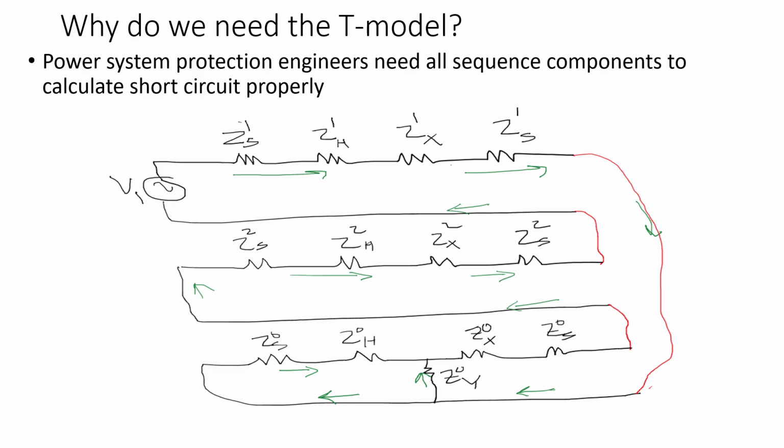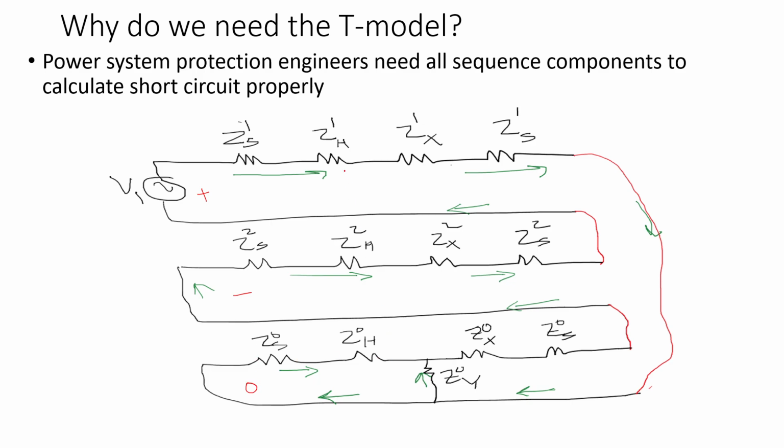Someone might ask, why do we need the T model? Power system protection engineers need all sequence components to calculate short circuit currents properly. So what I'm showing here, here's the positive sequence network, here's negative, and here's zero sequence.